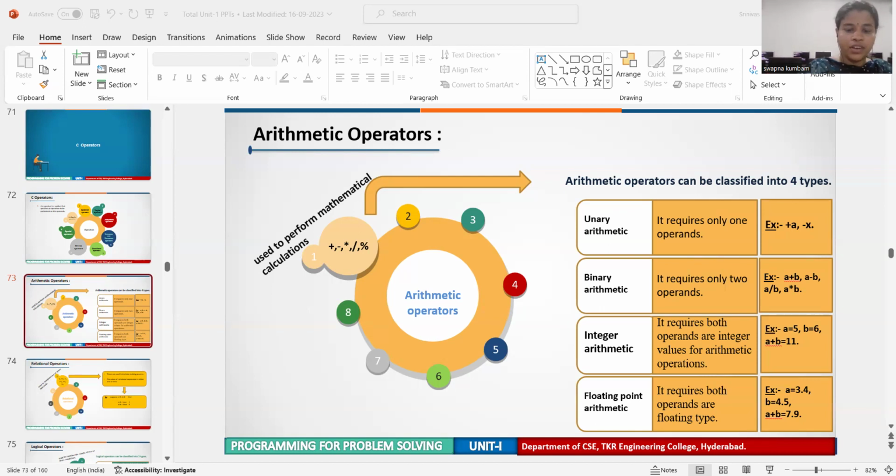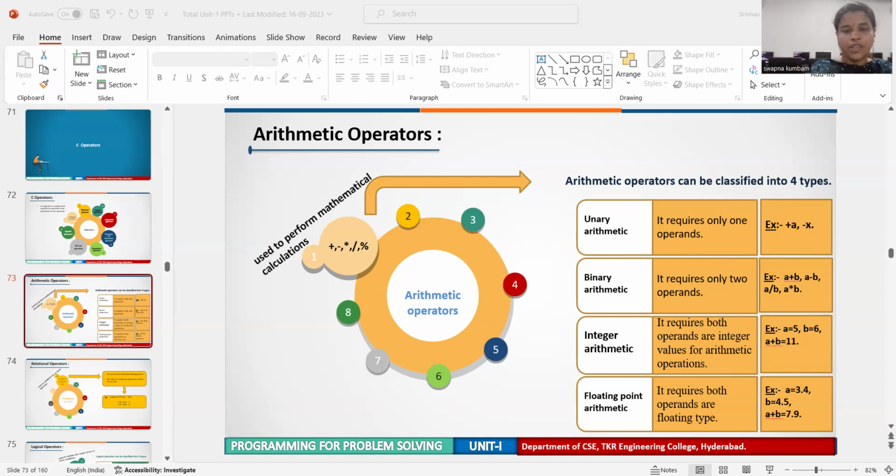If the two operands we are taking are integer type elements, then we call it an integer arithmetic operator.